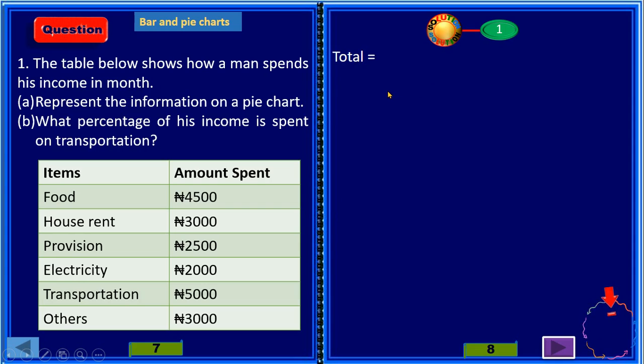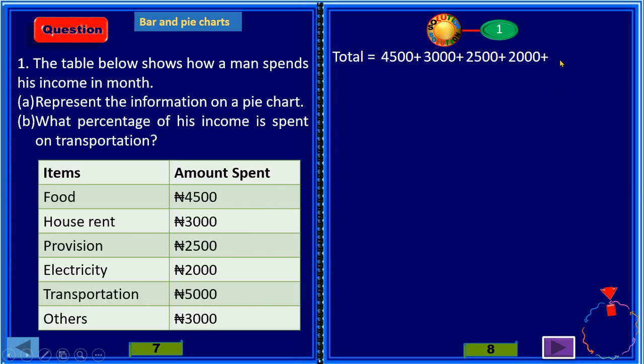The total income or the total expenditure for the man will be the summation of all these. The first one, for food, is 4,500. Then we'll add that to the house rent, 3,000. Then we'll add that to provision, 2,500. Then we'll add that to electricity, 2,000.